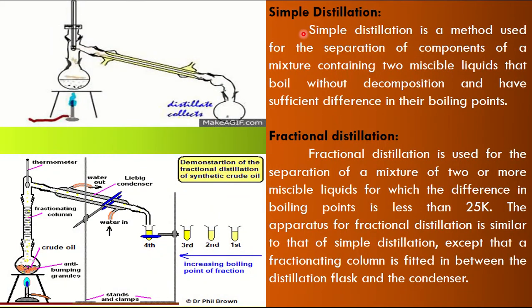The most commonly used distillation processes are simple distillation and fractional distillation. In simple distillation, the distillation is carried out between two miscible liquids having different boiling points, where the difference between the boiling points is large. Whereas fractional distillation is carried out between two miscible liquids having more or less similar boiling points.